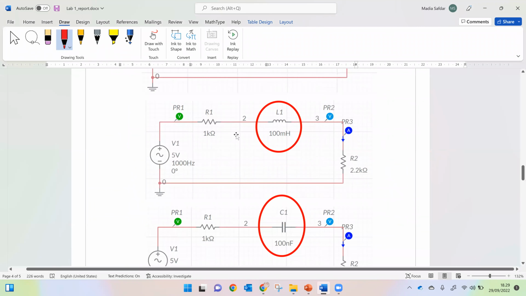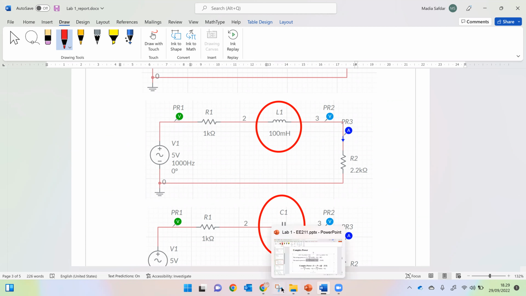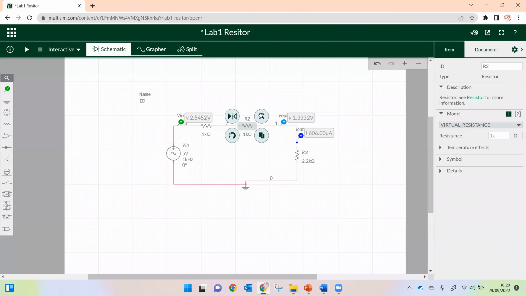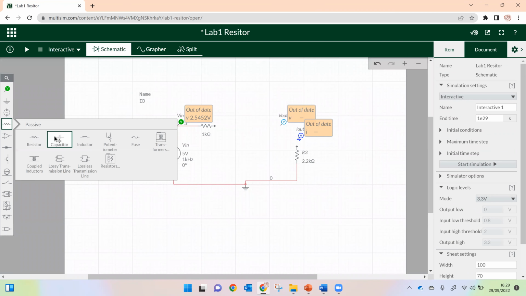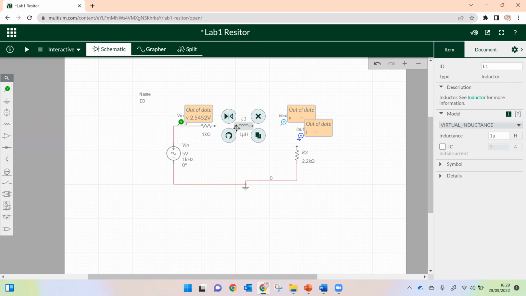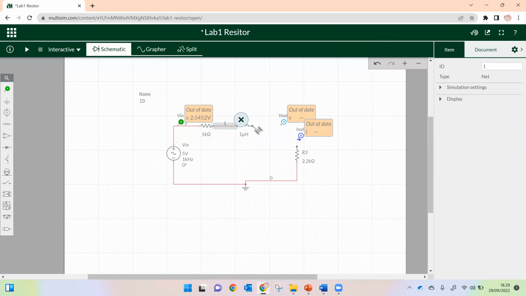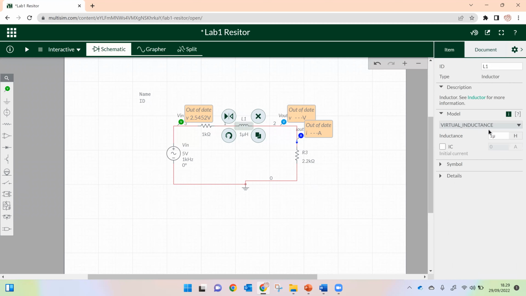And now let's go to the second one. The second circuit is with inductor. Okay, 100 millihenry. What I will do is just remove this one and bring inductor from here. Okay, the inductor value is 100 milli.